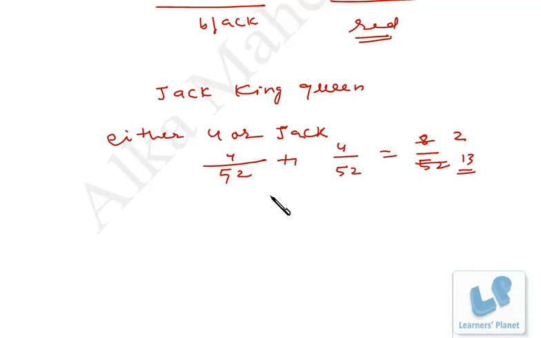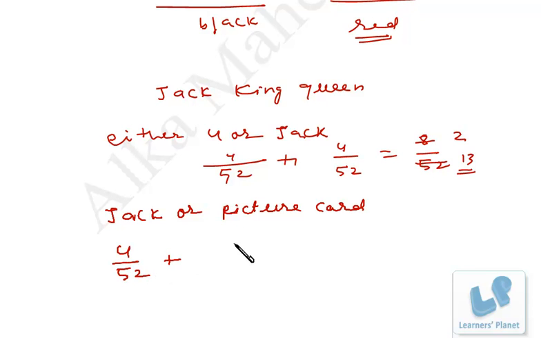Now in the second case, suppose I am drawing a card. It should be maybe either a jack or a picture card, right? Now which type of event is this? What is the probability of jack? It's 4 by 52. What is the probability of picture card? How many picture cards are there? 4 jacks, 4 kings, 4 queens.